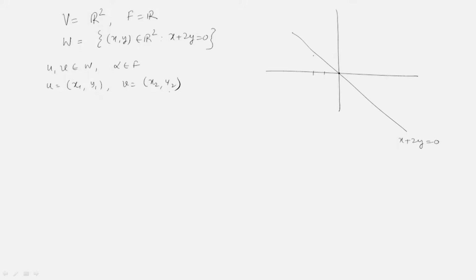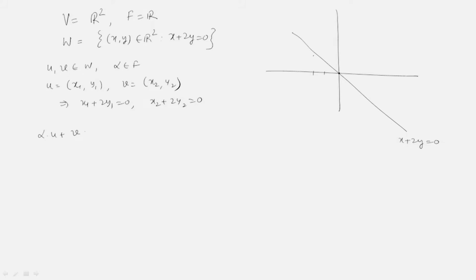So, this implies x1 plus 2y1 is equal to 0 and x2 plus 2y2 is equal to 0, because U, V are from W, so they will satisfy these properties. Now, if it is a subspace, then we have to show that alpha u plus V must be in W. So, take alpha dot u plus V. It is alpha dot (x1, y1) plus (x2, y2), so it is (alpha x1, alpha y1).